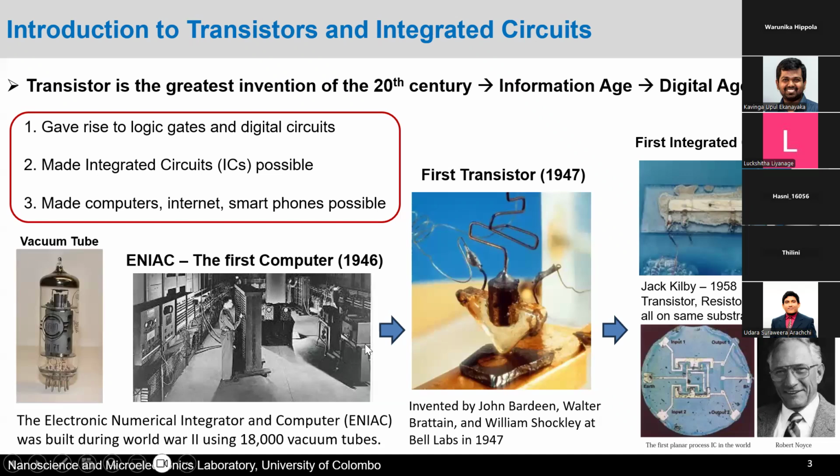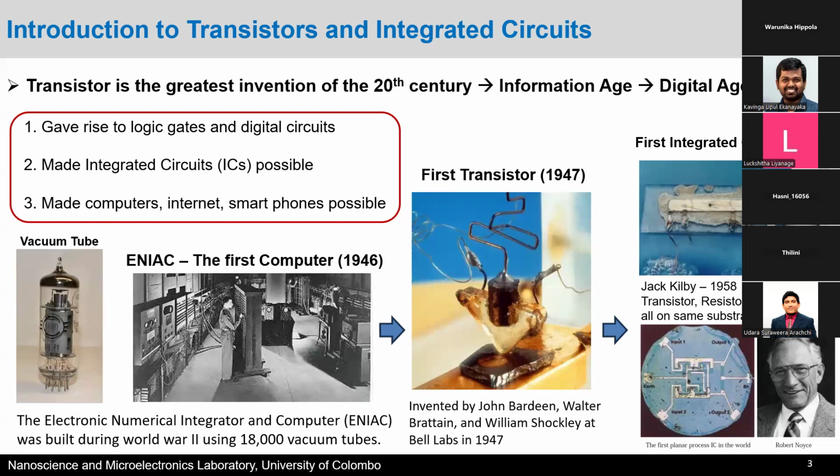So the first transistor was invented in 1947. It was invented by Bardeen, Brattain, and Shockley at Bell Labs in 1947. And then soon afterwards, the integrated circuit came into being in 1958 by Jack Kilby and also by Robert Noyce, right?